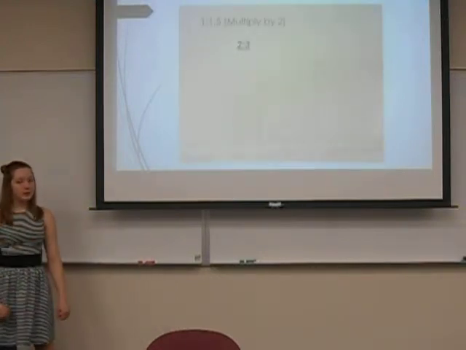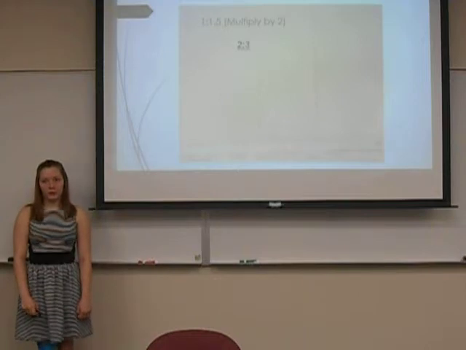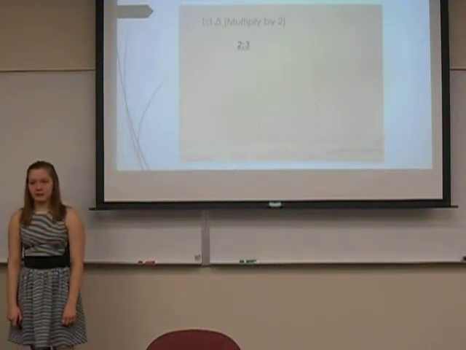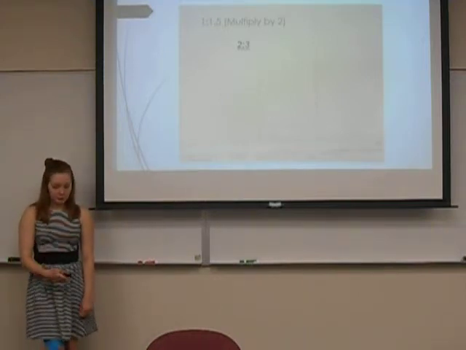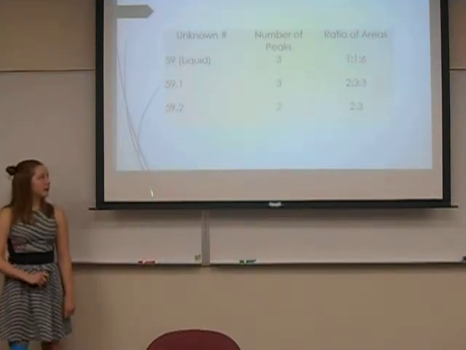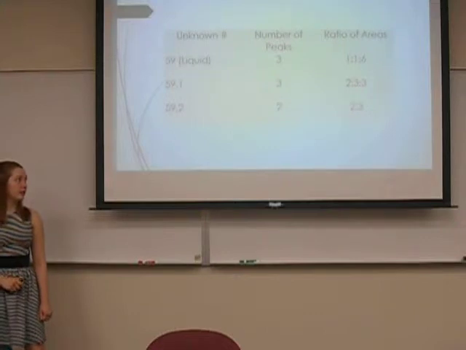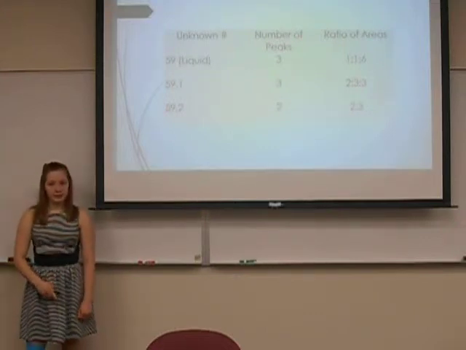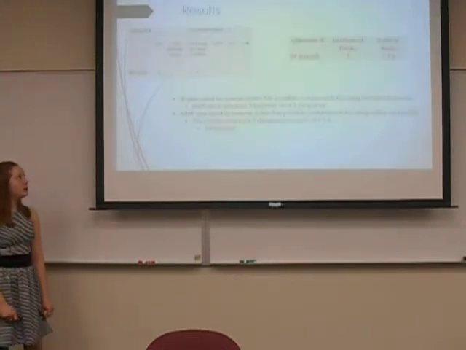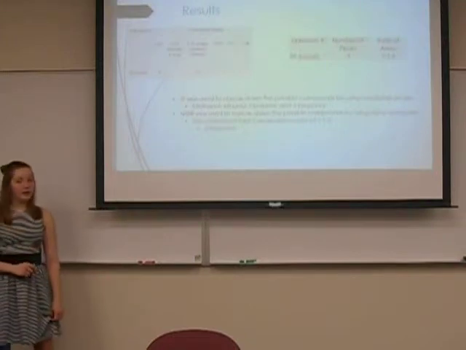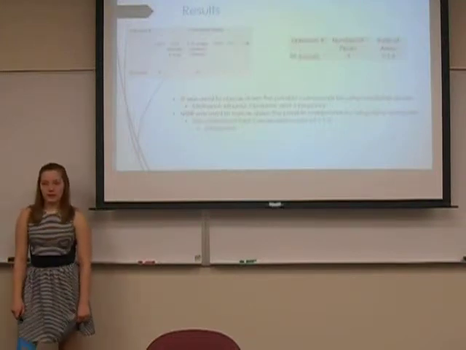For 59.2, we only have 2 peaks, but it is again 1 to 1.5, so we also have to multiply this one by 2 to get a 1 to 3 ratio. By looking at this is our final chart of having 3 peaks for this one, 3 peaks for this one, and 2 for this, as well as our ratio of areas over here. By looking at this, we can use our IR and NMR spectra to determine what these compounds are.